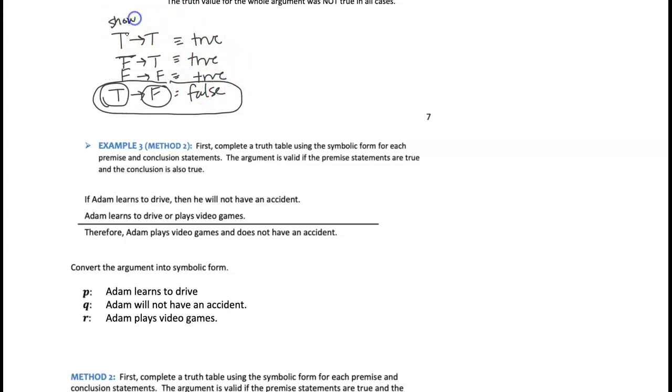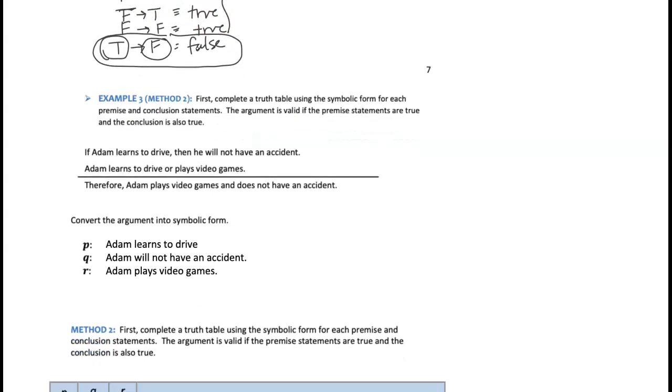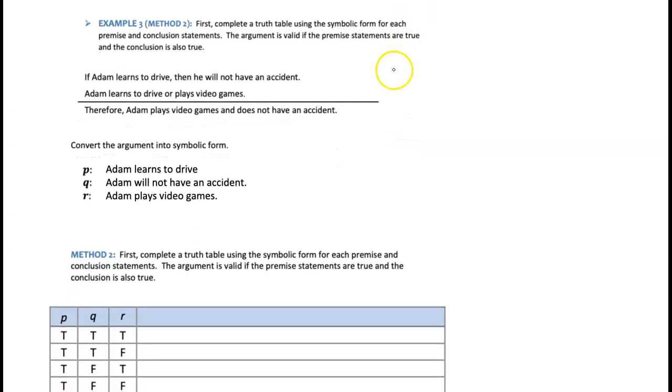We want to show that if we have a true antecedent, our conclusion is also true in order to make our argument valid. So let's start out with premise 1. Premise 1, we said, was, if Adam learns to drive, then he will not have an accident.